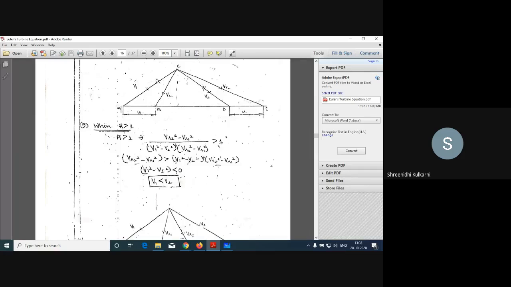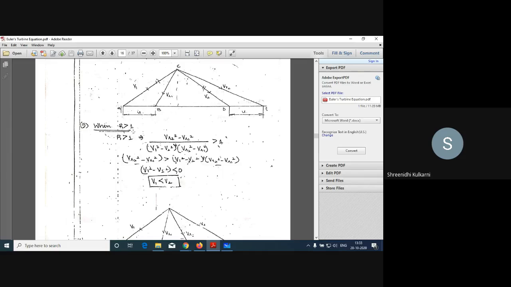In this equation VR1 and VR2 will get cancelled, and finally we get the absolute velocity at inlet less than the absolute velocity at outlet.